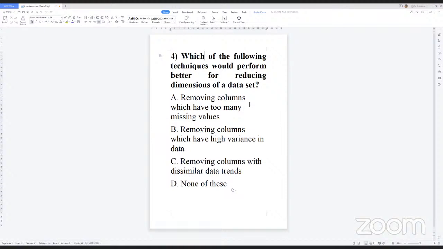Akhiladitya, for the third question, it is true. So Akhiladitya says for the fourth question, it's A. Yes, the answer is A. Removing columns which have too many missing values would be a good option for reducing dimensions of a data set.